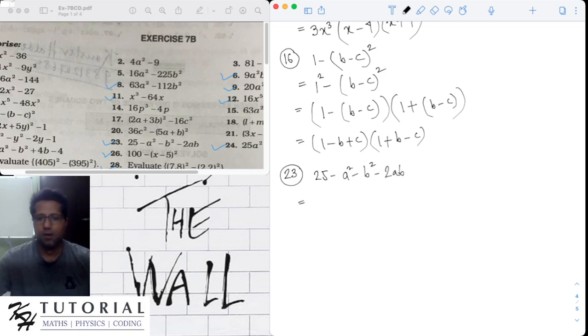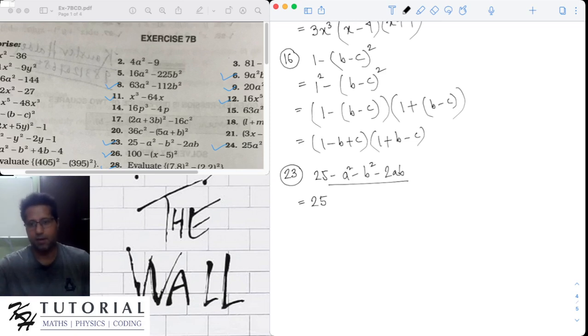Okay. So now this is definitely not in the form of a sum or difference of two numbers, but if you can simplify, do a little bit of grouping, then it will help you. Like I can clearly see that this part is definitely of the form either a plus b whole square or a minus b whole square, because I can see the terms a square, b square and twice ab.